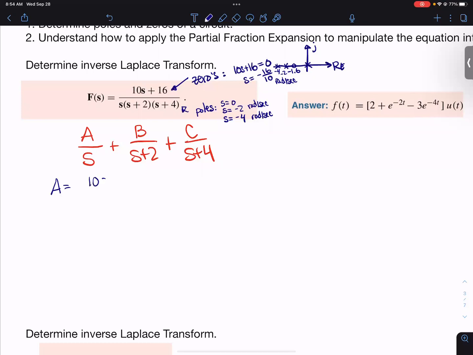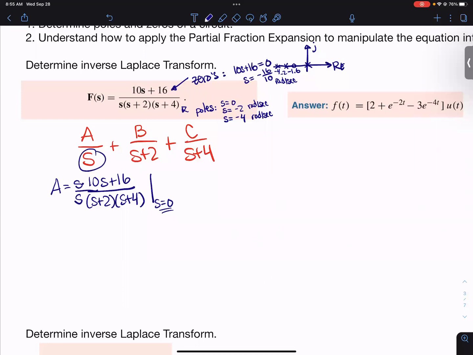So it would be 10S plus 16 over S plus 2, S plus 4, and then evaluate it at S equals 0. You might just start with these. So you take the original equation and multiply by whichever factor applies.